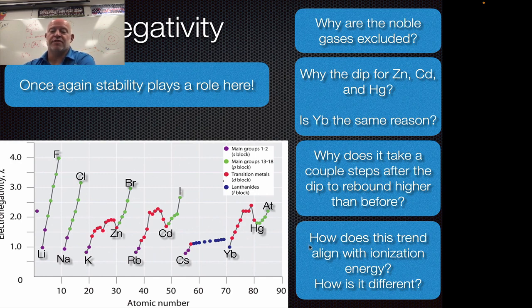So that's where the differences come into play, is how the discrepancies responded, okay? Same reason, because it's still about stability, but for ionization energy, we saw an increase, an abnormal increase. For electronegativity, we see that dip or that decrease, okay? And the other thing that makes them different, obviously, is that we're excluding noble gases for the electronegativity here, where we didn't exclude them for the ionization energies, okay?